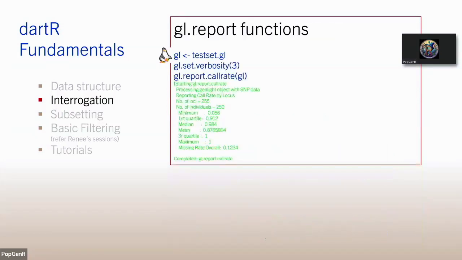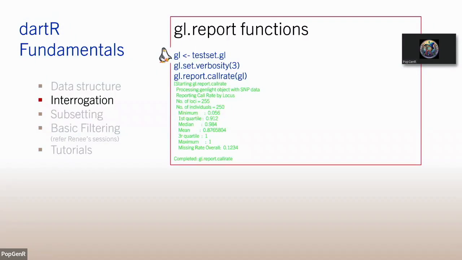Okay, so you can just type gl, or you can use the adegenet accessors, or you can use our report functions. And these report functions basically give a report that's more sophisticated than the adegenet accessors.